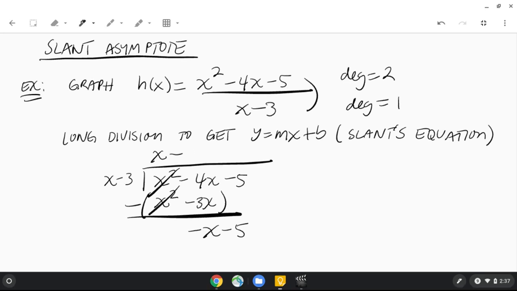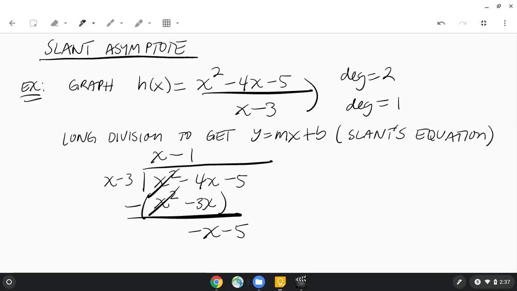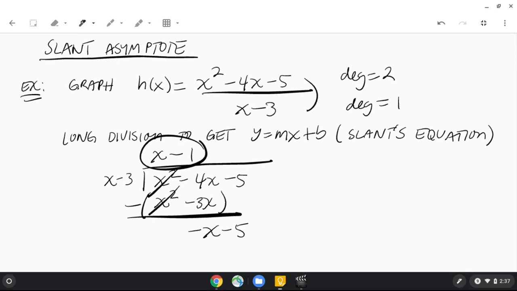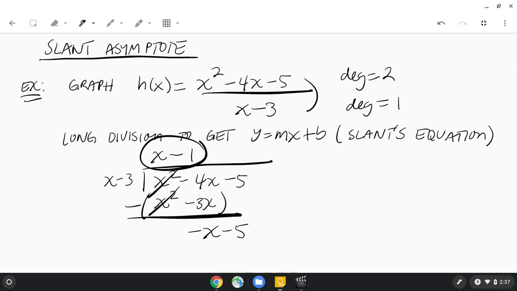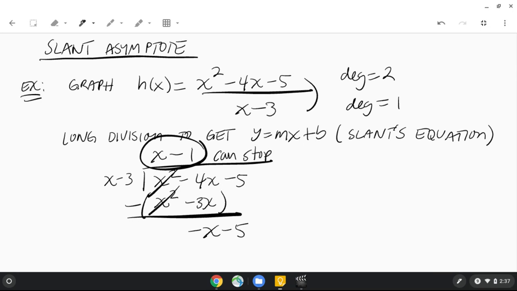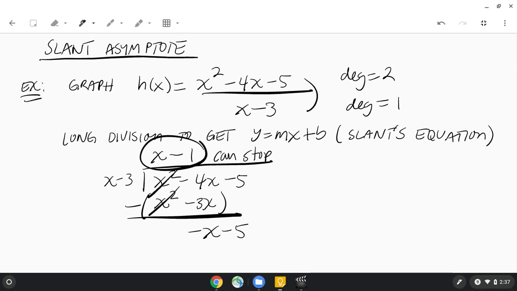And I could stop right there because now I have my mx plus b answer up here. Okay, so once you have your mx plus b, you can stop. If you want to keep going, you can.